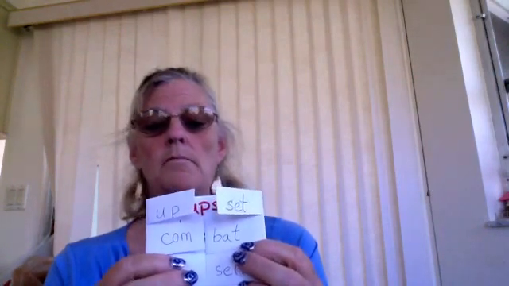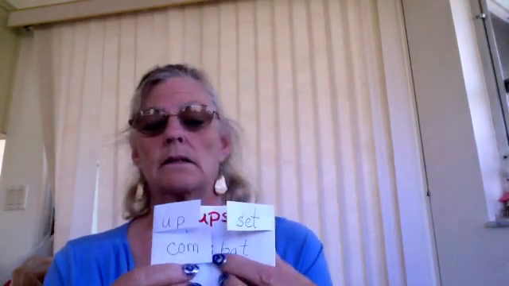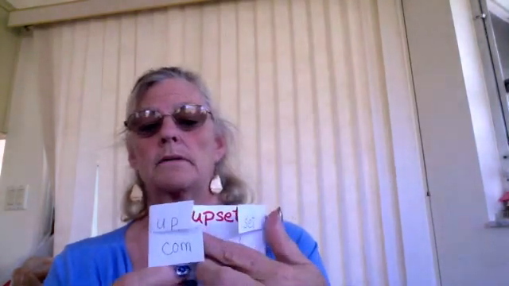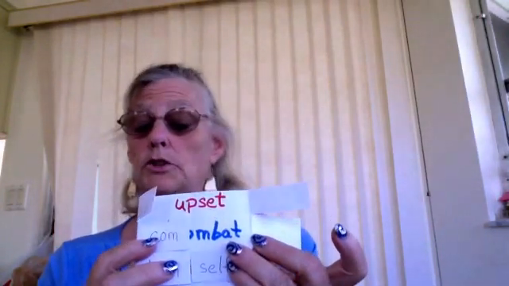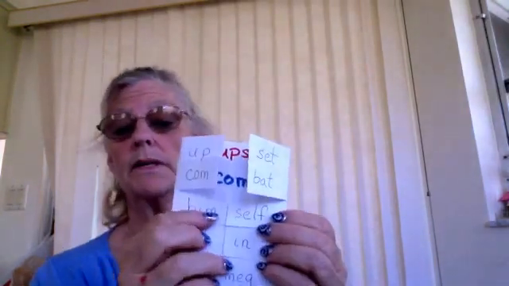Here we have combat. We open it up, we have combat. It's com, short vowel, and bat, also short. It's a little hard to handle when I can't see what I'm doing.